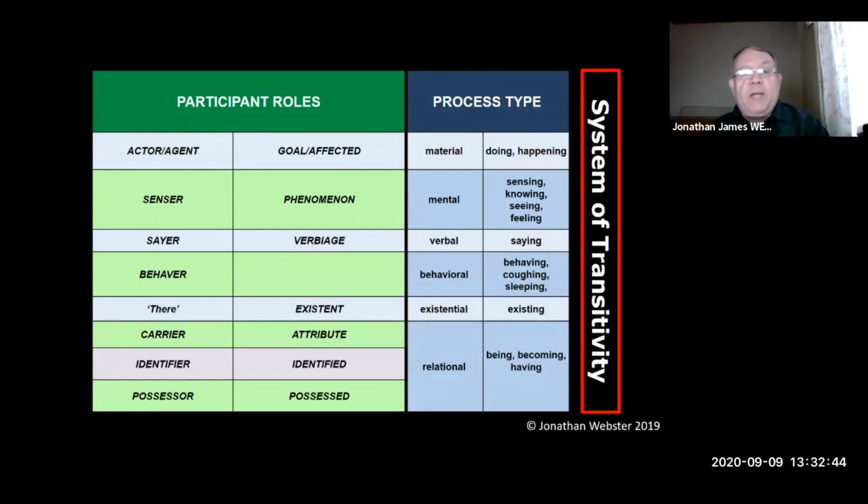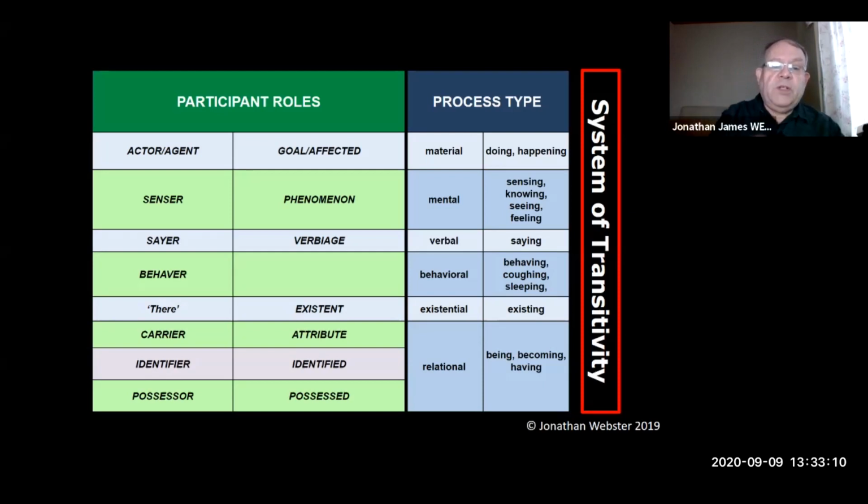And when we talk about the experiential, when we talk about the processes, we said that there are different process types. There's doing, there's sensing, there's saying, there's behaving, existing, relating, being, becoming, having.